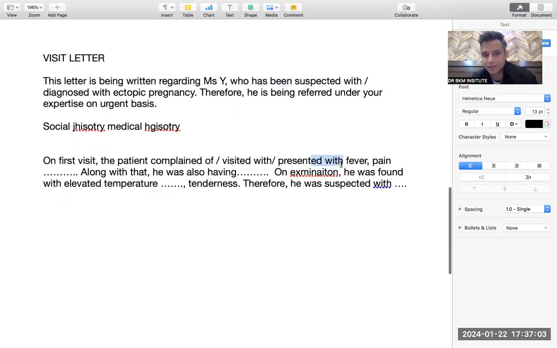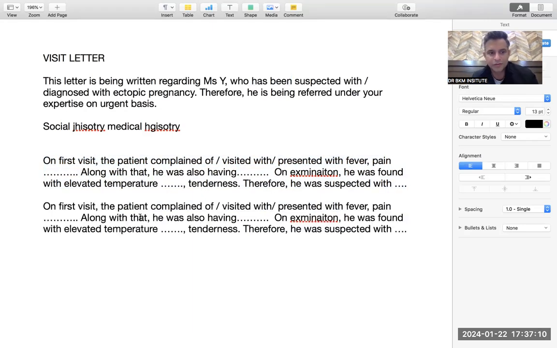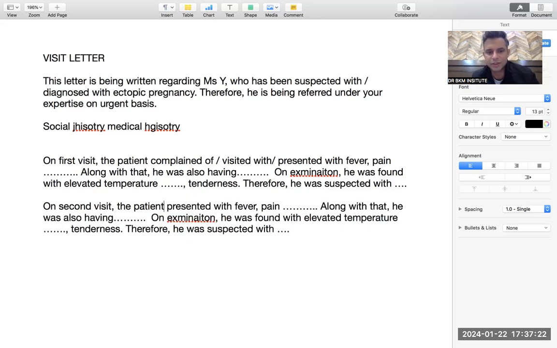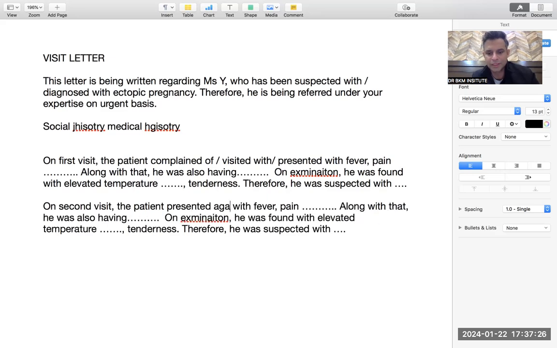In the past, again, if you have to write more visits, then again, copy paste. Then you will say on second visit. That is how simple it is. On second visit, if you have used complained of, then you can use on second visit, patient presented again with similar symptoms like fever, this and this.